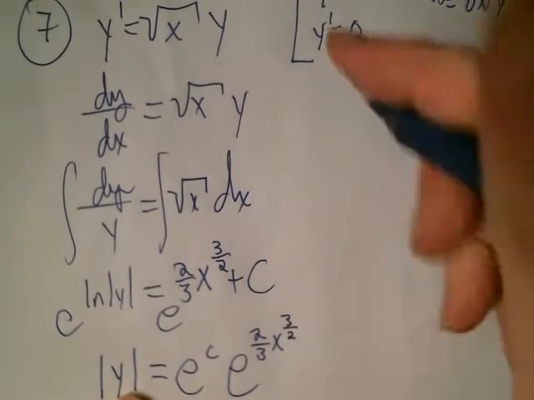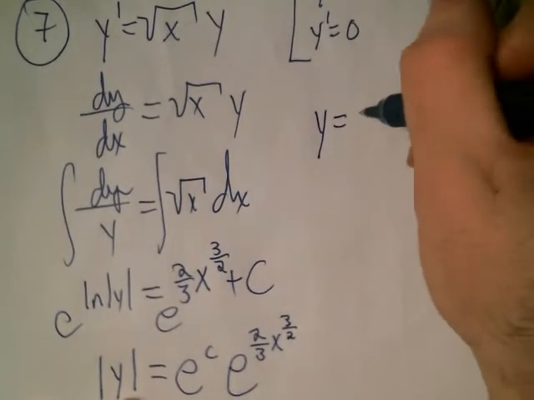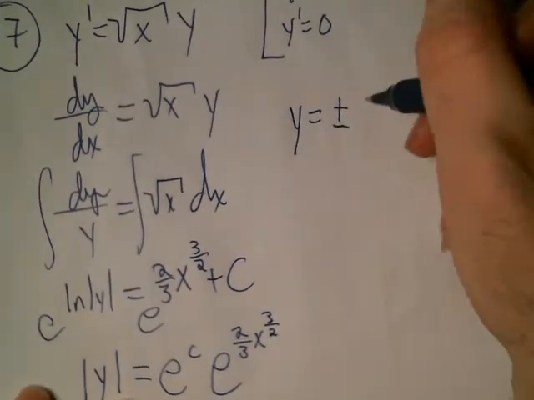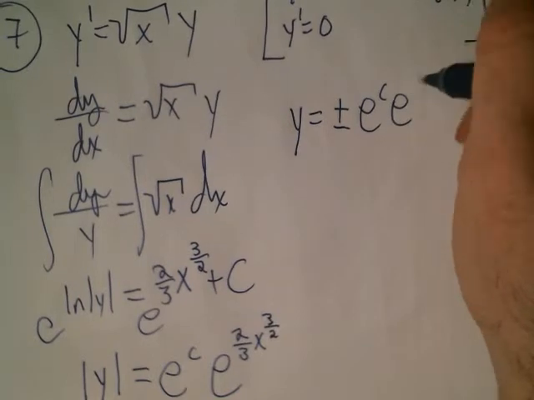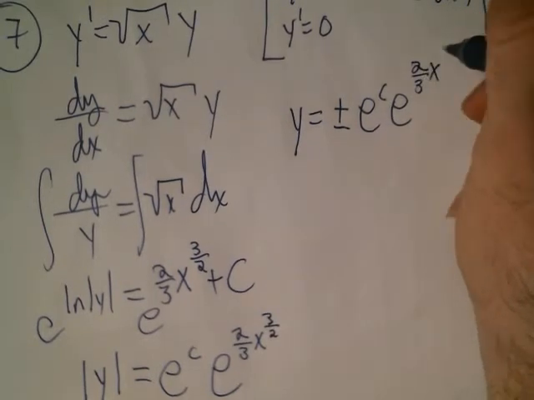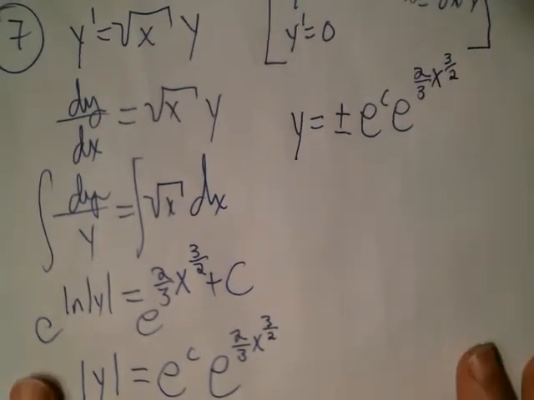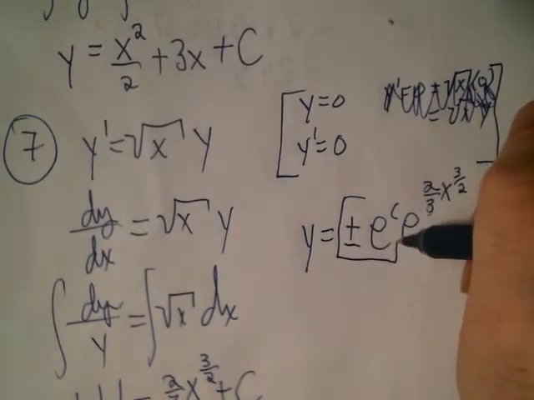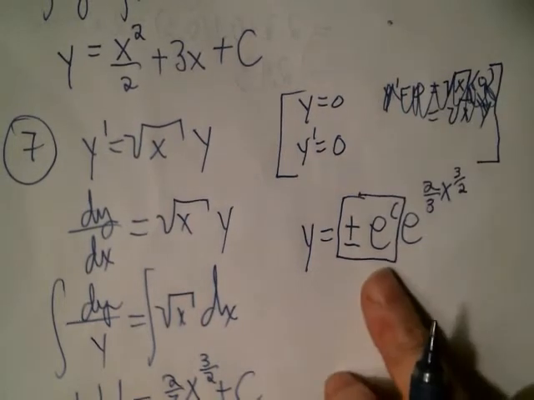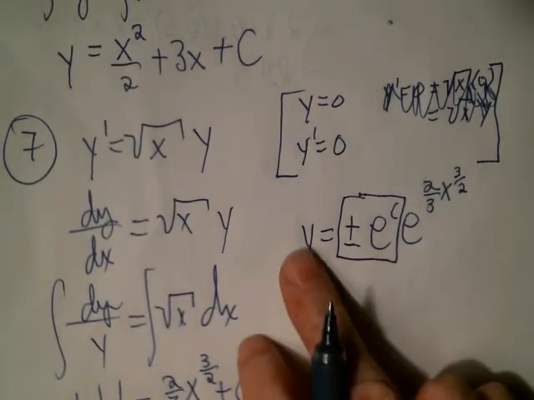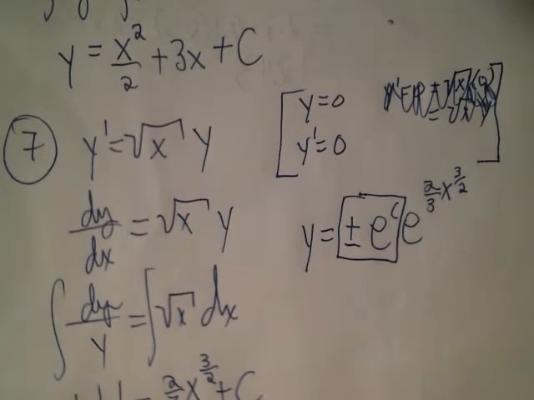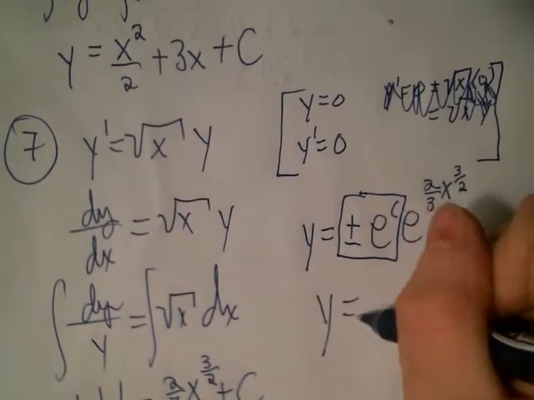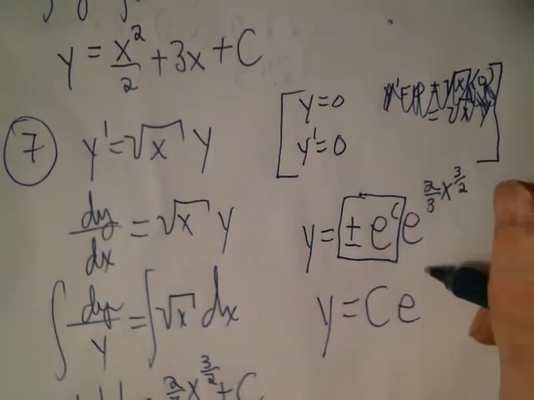If you drop the absolute value symbol, it's equivalent to putting a plus minus on the other side. So you have plus minus e to the c, e to the 2/3 x to the 3/2. This thing then can be replaced by a general constant. It's just some number, and as long as you know y and x, it's going to give you that particular number. So you just replace it with a general constant.